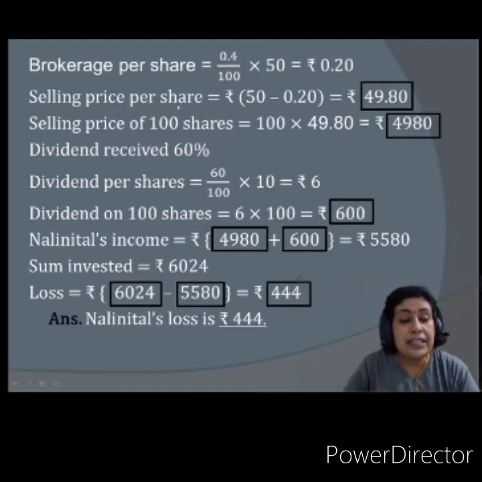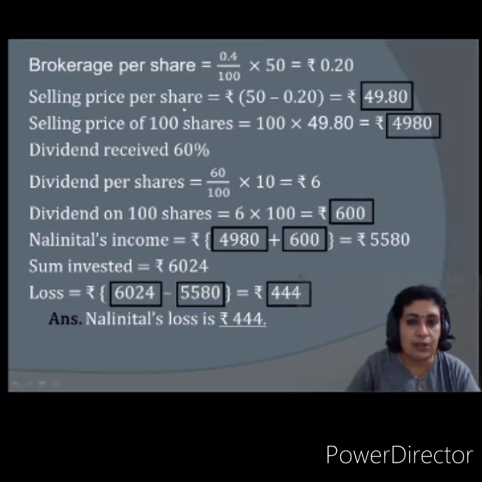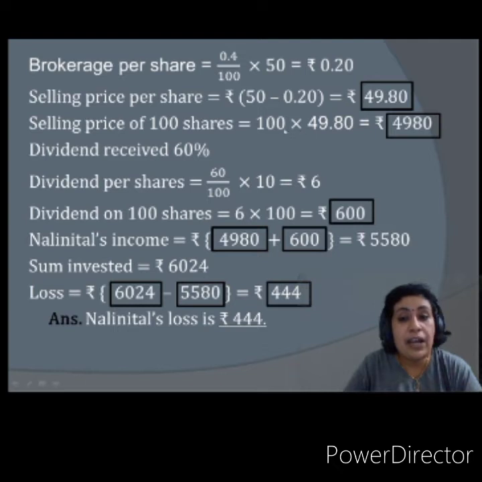Now the selling price for one share will be how much? You are selling, so you give brokerage on the amount also, so 50 minus 0.2, that is 49.80, is the amount you are going to get after selling a share. For 100 shares it will be 100 into 49.8, that is 4,980.